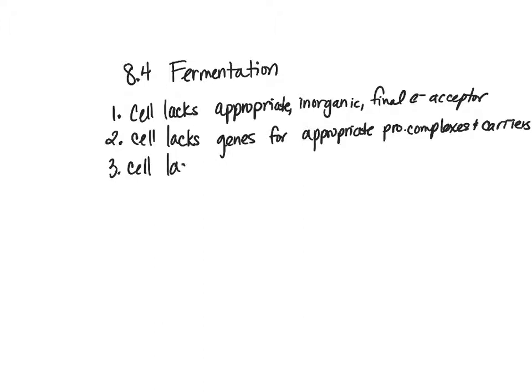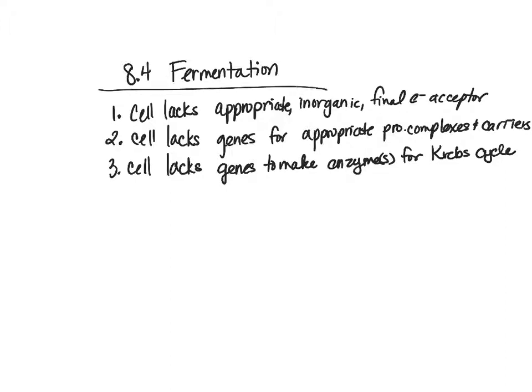So the cell lacks genes to make enzymes for the Krebs cycle. If it can't do those things, then it's going to go through fermentation. So again, some are incapable of respiration, so they only do fermentation to begin with.